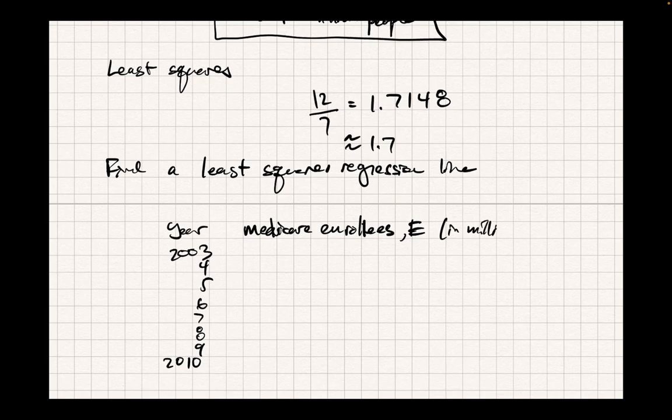Can everyone take their calculator out, please? 2003 was 41.2 million people, 41.9, 42.6, 43.4, 44.4, 45.5, 46.6, and 47.5.